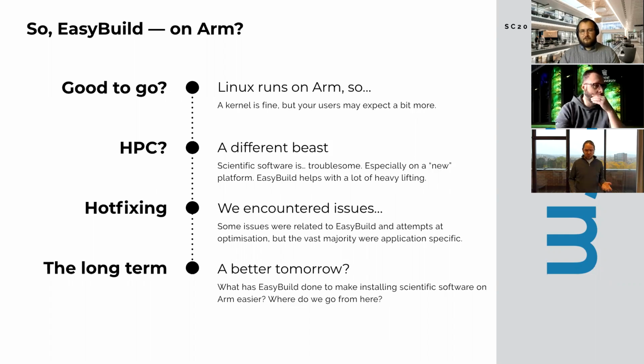And add to that the compiler options and optimizations that often go into HPC software, and things can get quite messy. So the software doesn't always just work, so EasyBuild maintainers had to produce some patches to make this actually work. This is fine, but it's not sustainable in the long term for EasyBuild developers to sit on these patches forever.